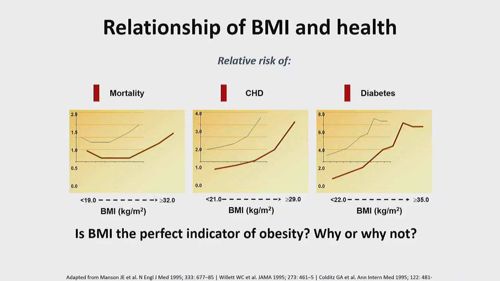So that's the fat around the organs. Yeah, that's exactly right. It also doesn't take into account the distribution of the fat, and where the fat is can also affect someone's risk of cardiovascular disease and type 2 diabetes.